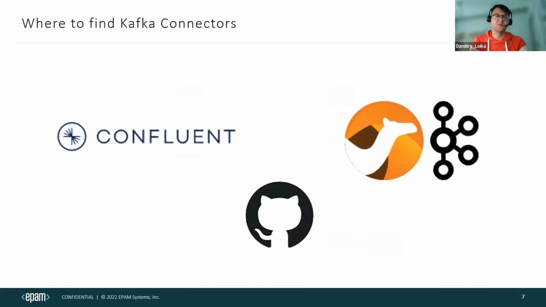If you need connectors which are supported by some company, have a big community and a mature solution, it's better to find them on Confluent, because this organization has some control and publishes on its page only working solutions. The next place is Camel Kafka Connect.